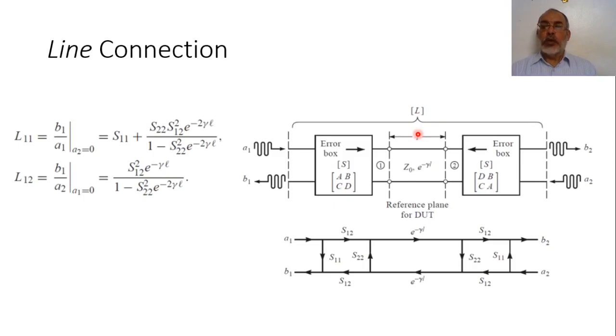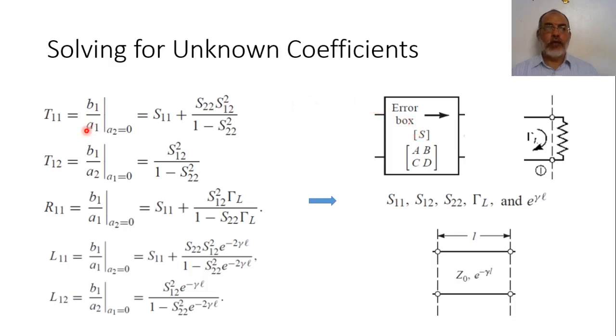Now, we have unknown e to the power minus gamma L. We have unknown gamma load. We have three unknowns S11, S12, and S22, and we have 5 equations. By combining all the results of the 3 measurements, the through, the reflection, and the line, we obtain 5 equations in 5 unknowns.